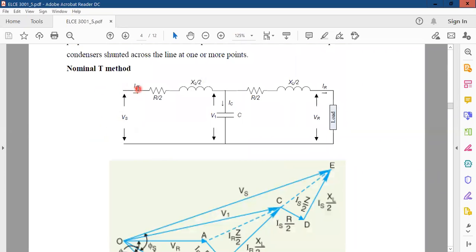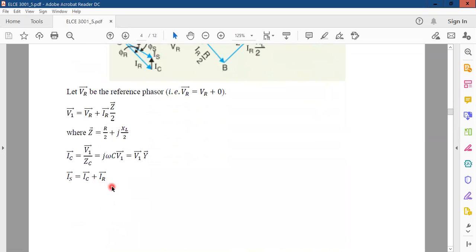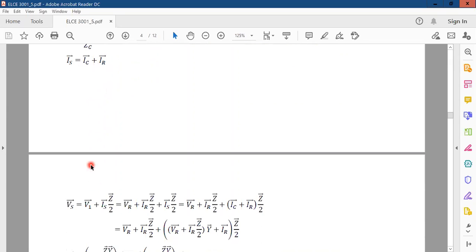Now this is IS. IS will be divided into IC plus IR. Some current will go in this direction and the other will go in this direction. So IS will equal IC plus IR. We already calculated IC as this equation, and IR is easy to calculate.